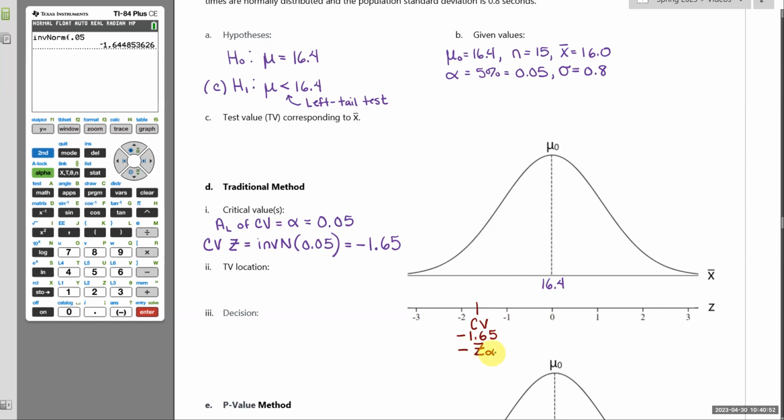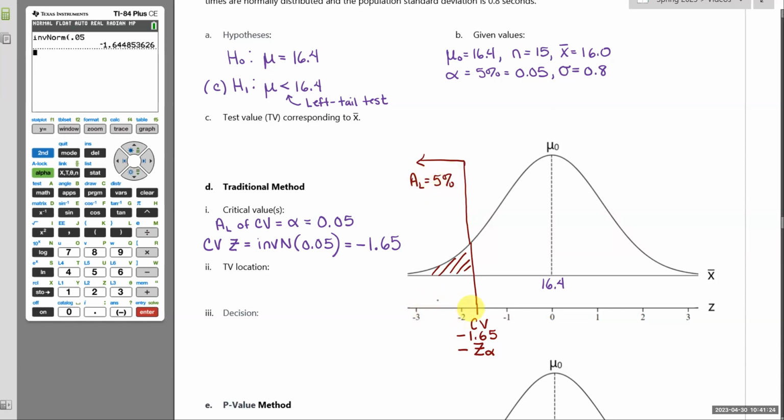So this notation you'll see on Alex, but you do not need to use it in class. We can just say critical value. So that's the location there. And then the critical value is that z-score that places an area of alpha to the left because it's a left tail test. So this area to the left is 5%.